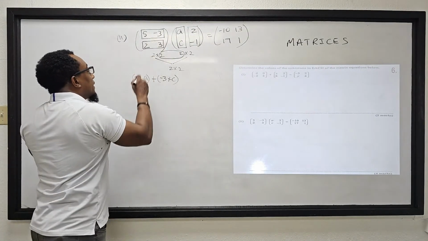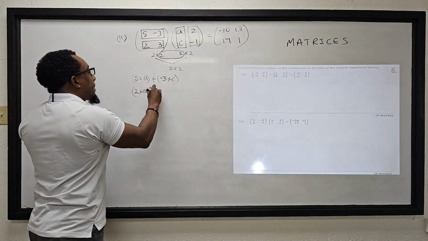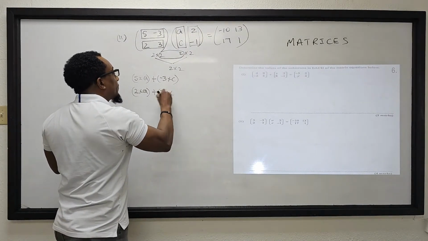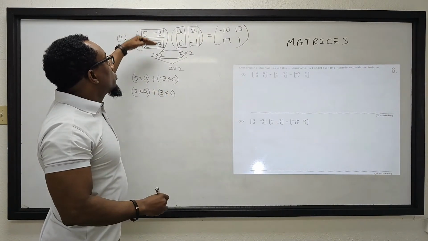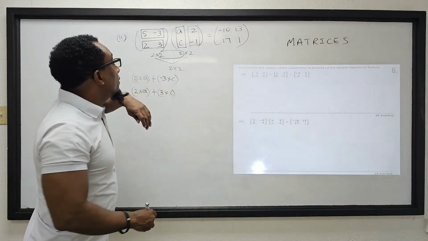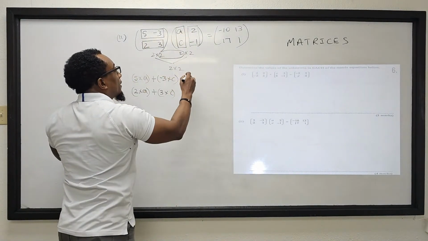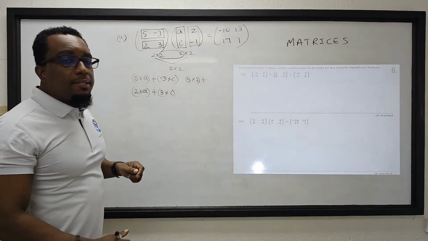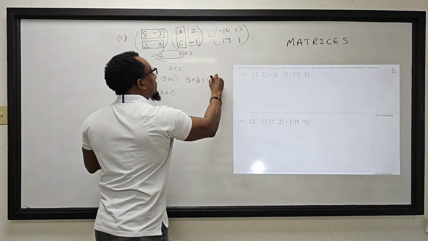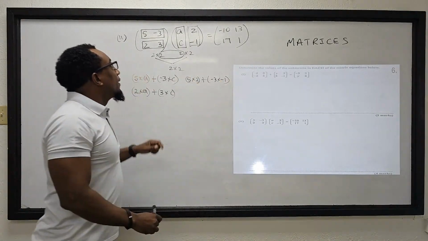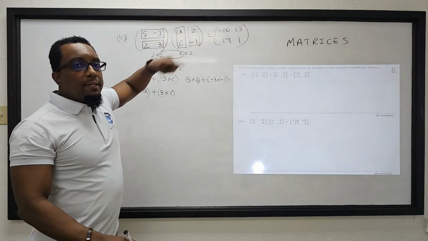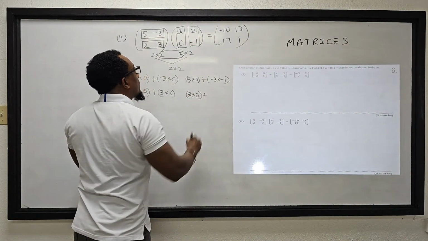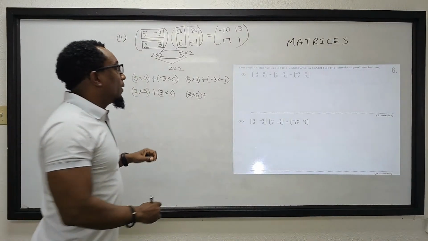So 2 is linked to A, 2 by A, plus 3 is linked to C, so 3 by C. Then first row, second column: 5 by 2, plus negative 3 by negative 1. Now second row by my second column: 2 by 2, plus 3 by negative 1.